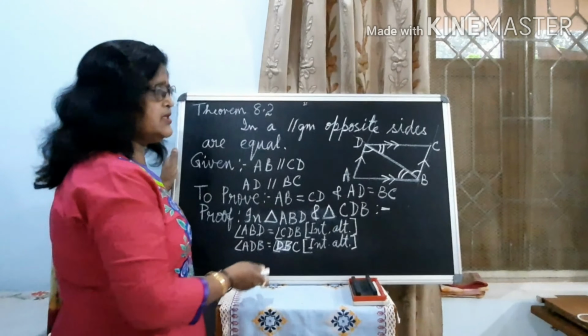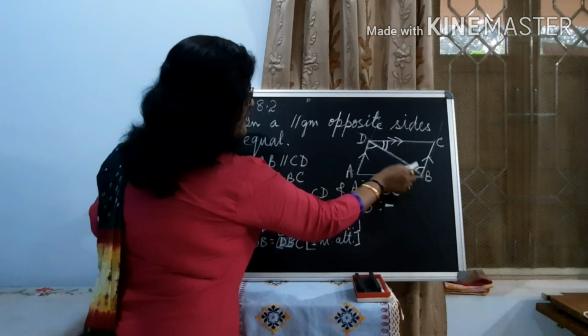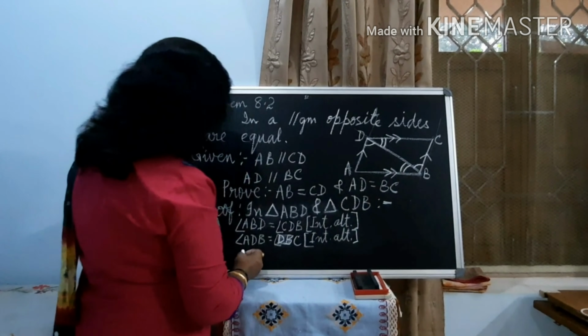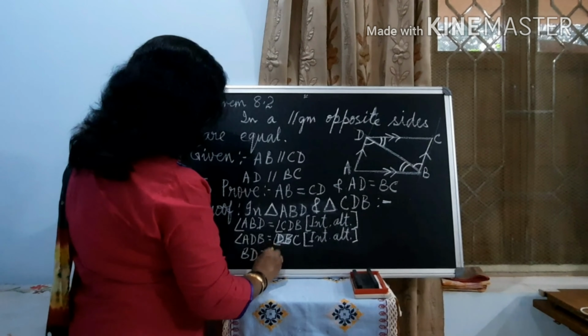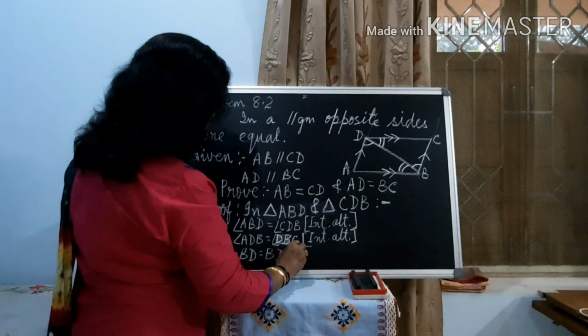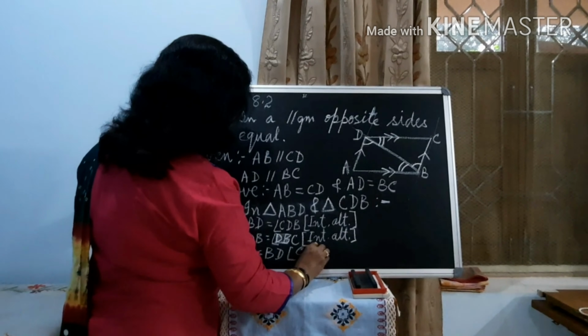Now the left out part is two angles are equal and the included side. That is BD is equal to BD. Why? Common.